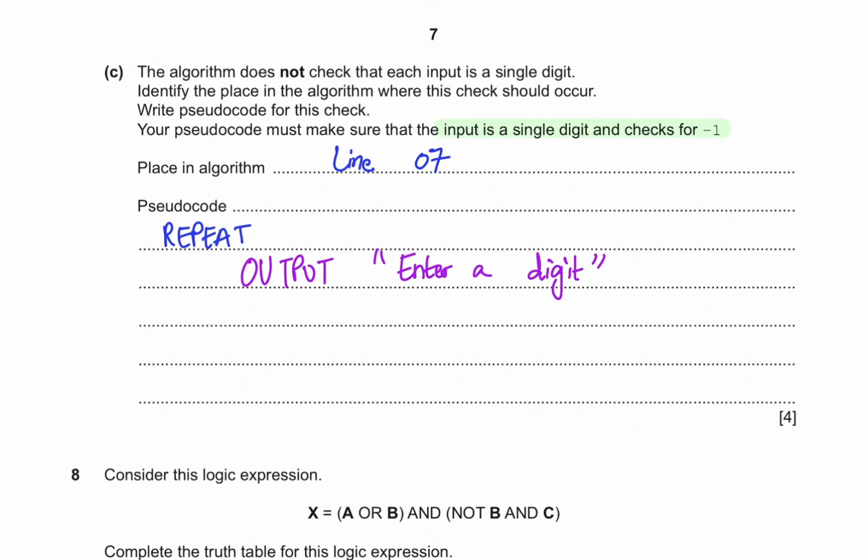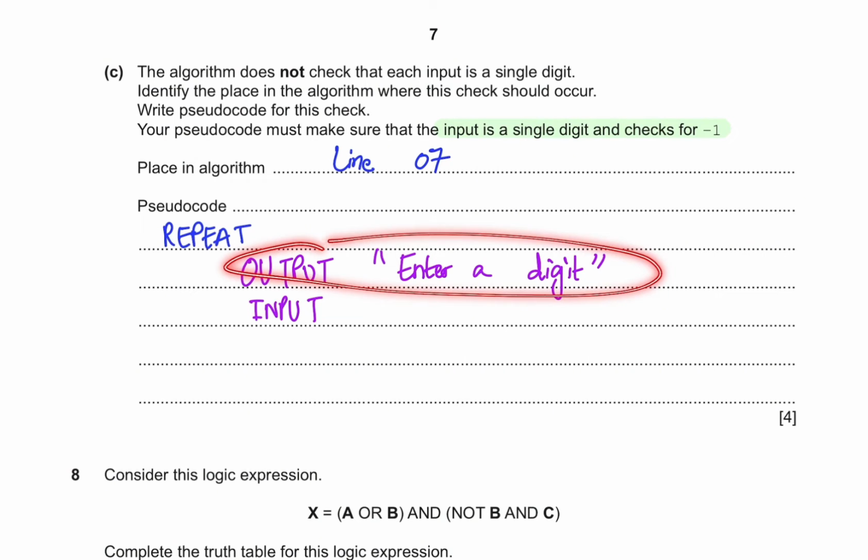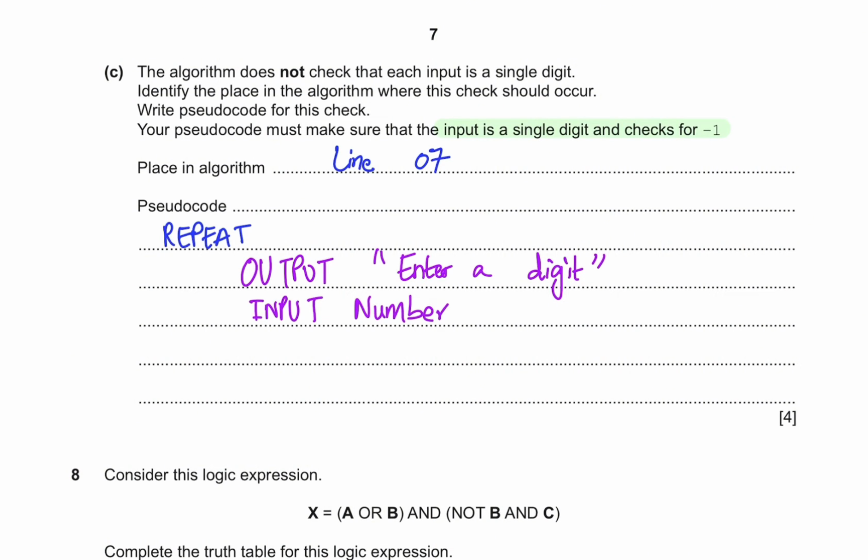And after this message is being displayed, it will ask the input number. So input the number which is in the counter range. Okay. And then you close the loop.